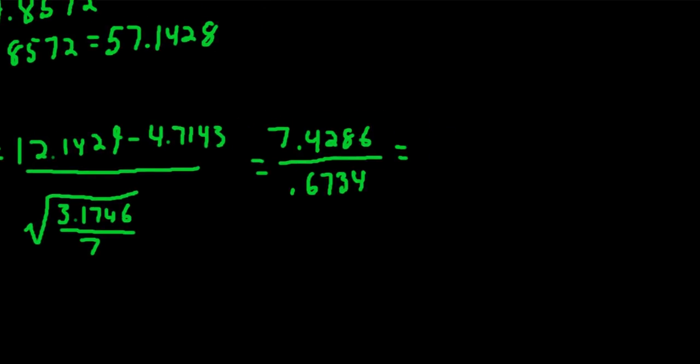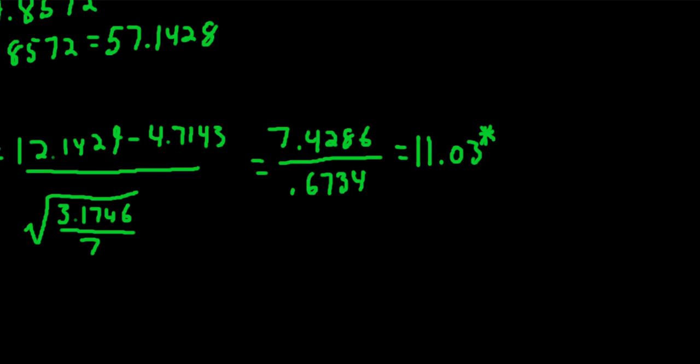So if we take 7.4286 and divide it by 0.6734, we get a Q value of 11.03, which is certainly going to be statistically significant at any alpha.